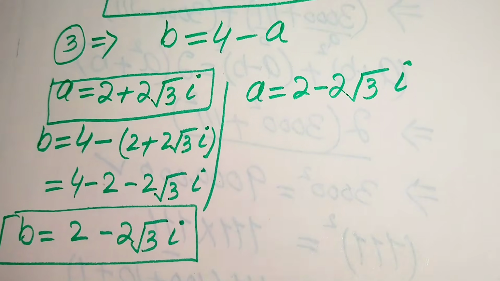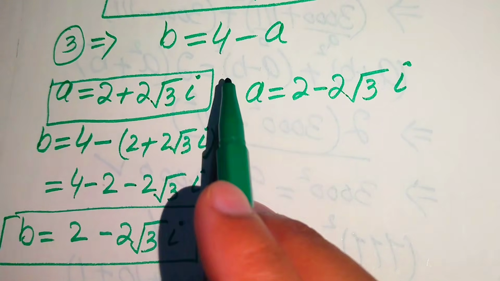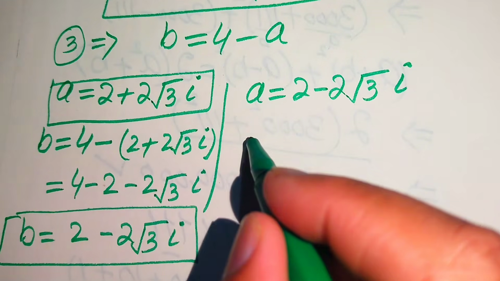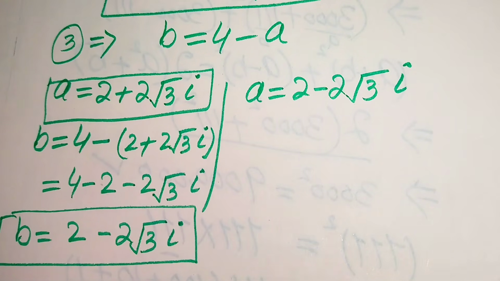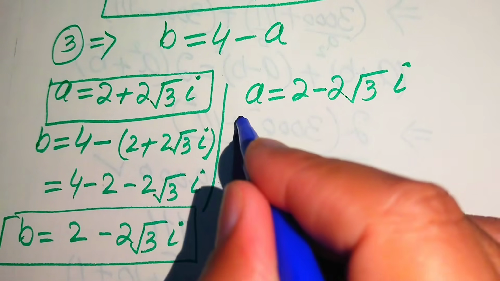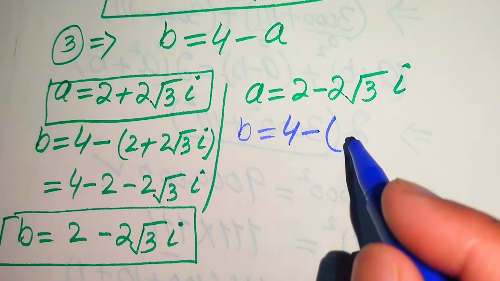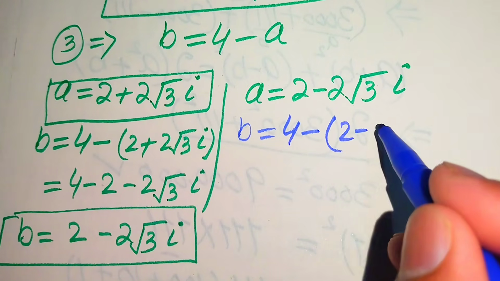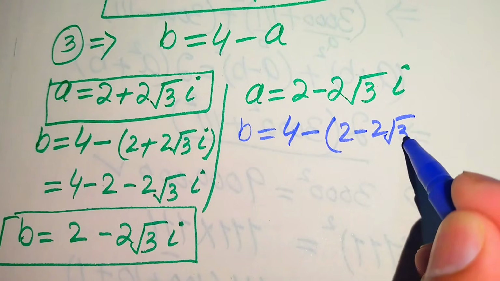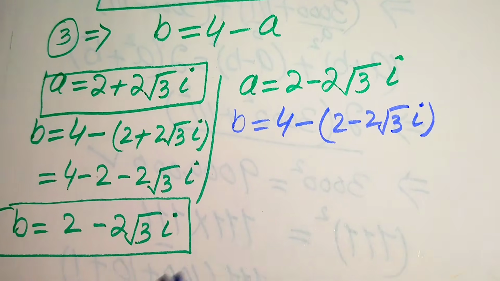In the same pattern, we substitute this value of a in this equation and we get the value of b. So when we substitute this value of a here, it becomes b equals 4 minus a. The value of a in this case is 2 minus 2 times square root of 3 into iota.